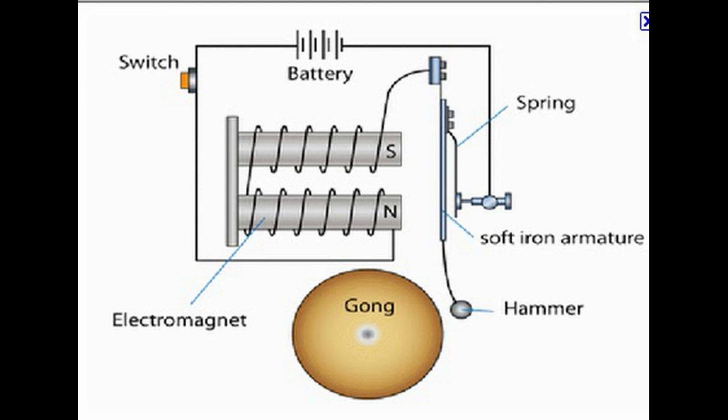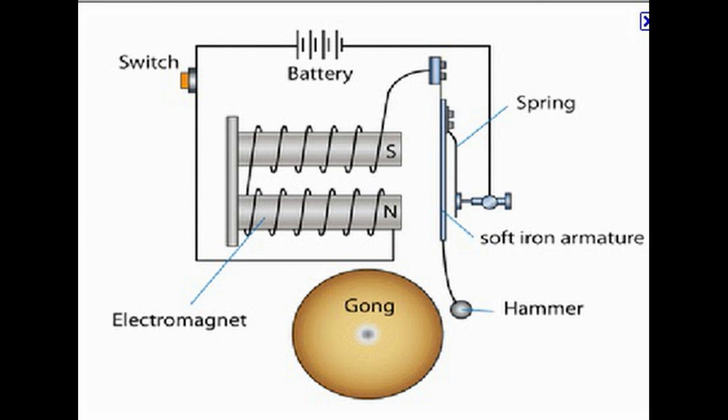When the iron strip is in contact with the screw, the current flows through the coil, which becomes an electromagnet. It then pulls the iron strip. In the process, the hammer at the end of the strip strikes the gong of the bell to produce the sound. When the electromagnet pulls the iron strip, it also breaks the circuit.